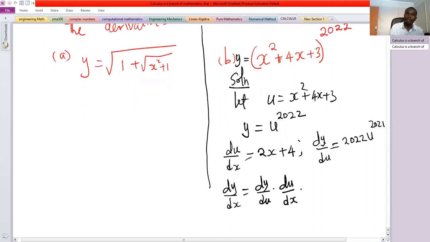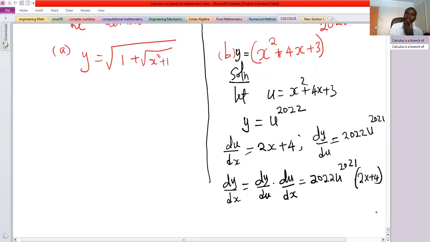So that we'll have dy du, 2022 u power 2021, times du dx, which is 2x plus 4.